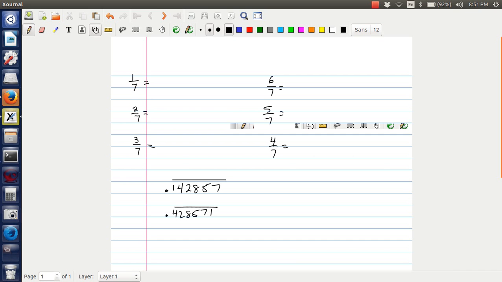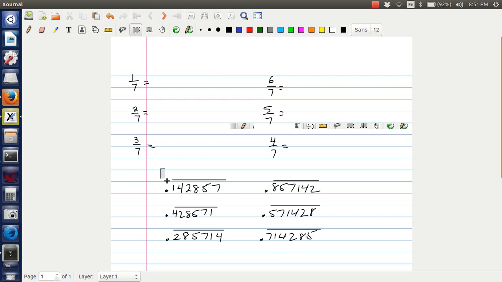But wait a minute, you say, we're skipping. Yeah, sure, why not? I'm just going to generate all the sequences that are possible, and then I'll just put them in the right order. How's that? Just going to go ahead and generate all the possibilities and not worry about what order they're in, because then I'll just paste them in the right order.